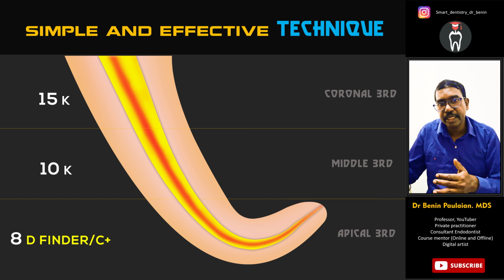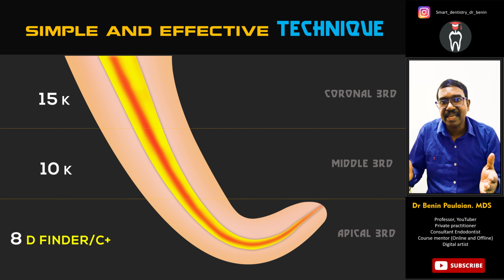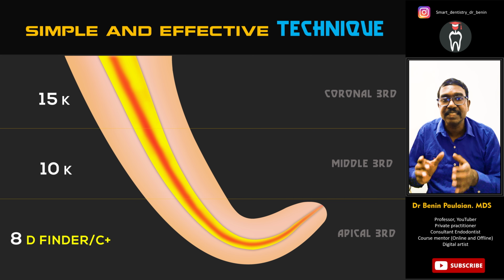So just recall what I told just before: the canals are quite wide with more calcification in the coronal and the middle part. In those situations, we need a file which can cut through the calcifications and go.